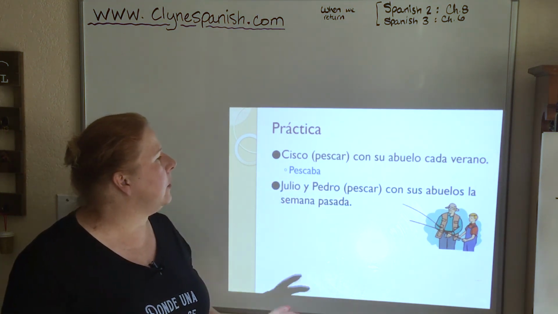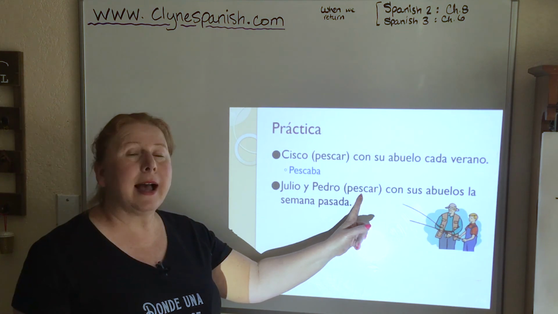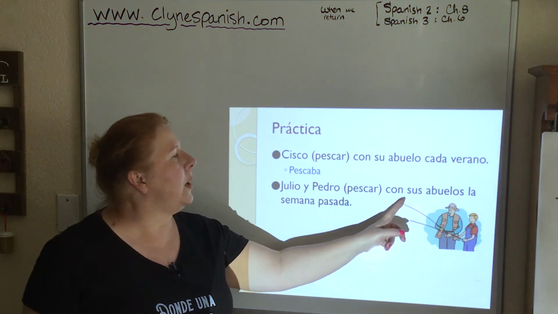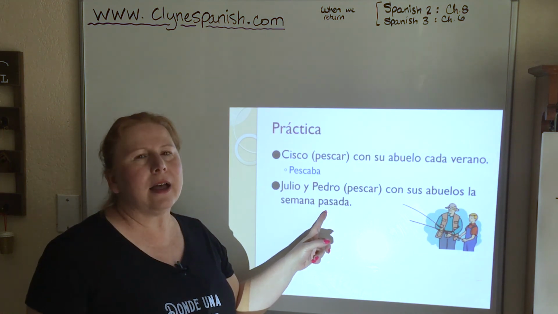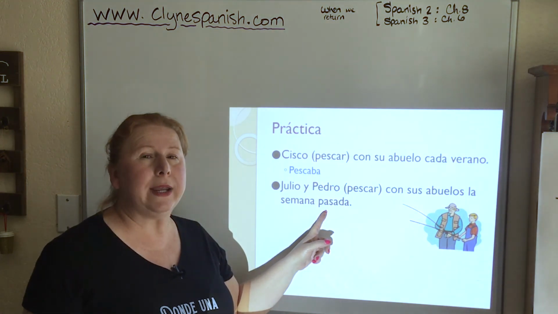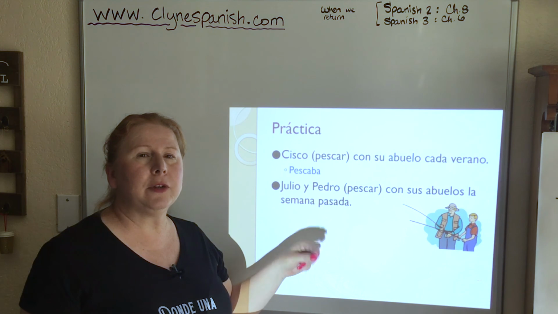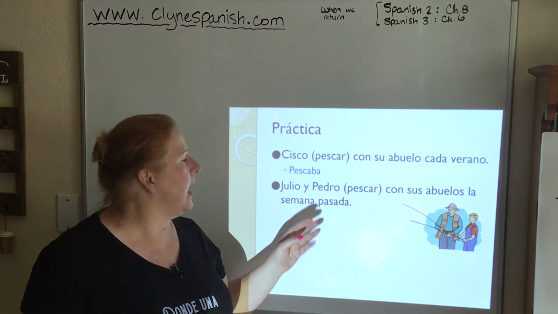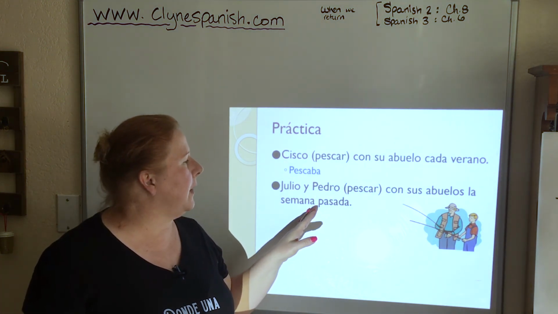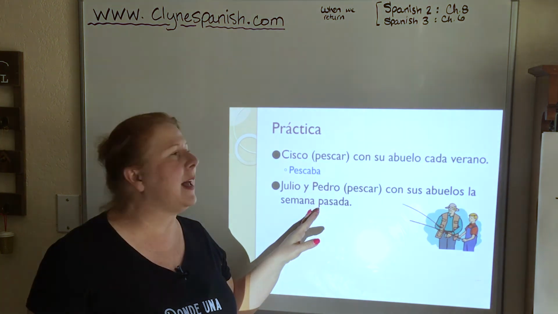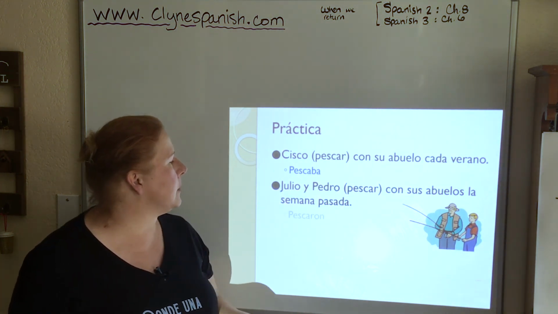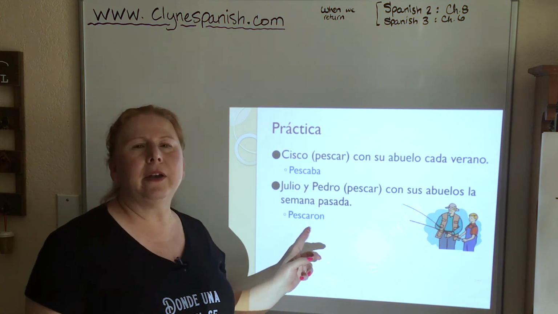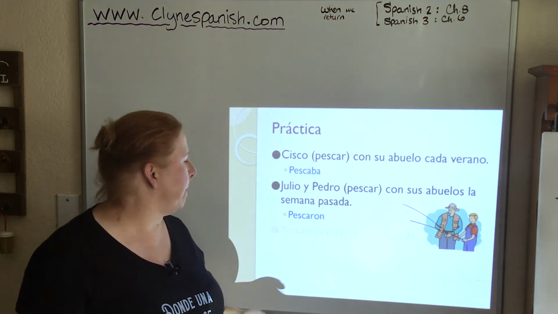Julio y Pedro, now we have pescar again with their grandparents la semana pasada. Last week. Notice the difference between the 2 sentences. I'm being very defined here. It just happened last week. It didn't happen every summer. This just happened last week. So therefore the preterite, pescaron.